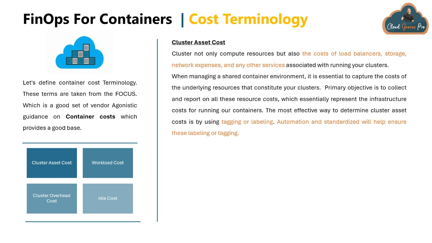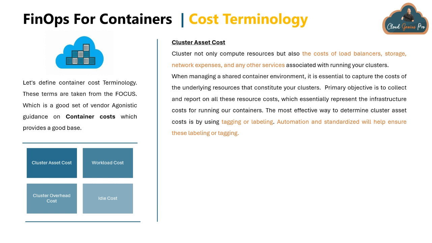Usually a cluster is not just the compute, but any container cluster will have sub resources like load balancers or storage, networking related services, and it could be any other service. So when we are considering all of these costs cumulatively, that is called a cluster asset cost.